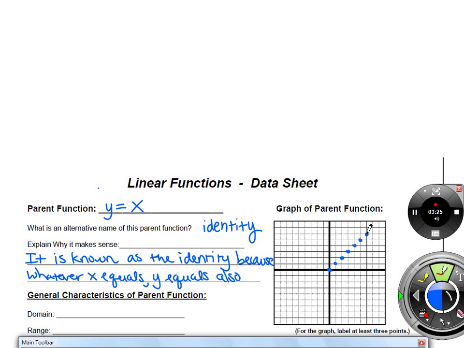Remember, you also could go over -1 and down -1 because a negative over a negative would divide out to be a positive slope still. So you could do 2 negative movements to make that positive also. So you'll get this line. So that's our parent function.